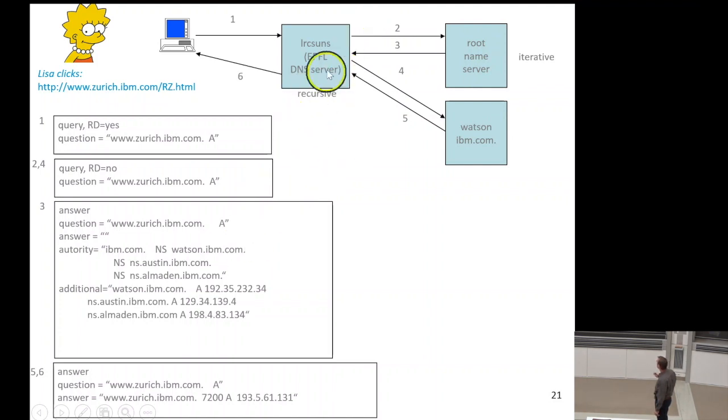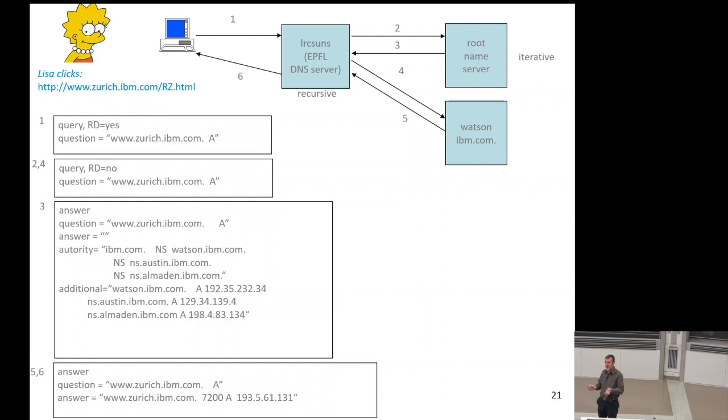So the DNS server of EPFL will send to one of the root servers the query, which is the same. As we can see, it's the same query here. Then this doesn't know exactly, but this one knows the IP address of a DNS server that has authority about IBM.com. Why? Well, because .com is a parent domain of IBM.com.